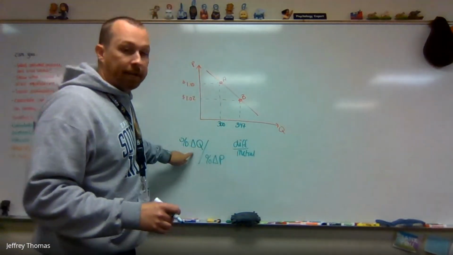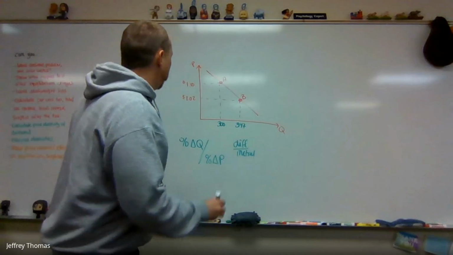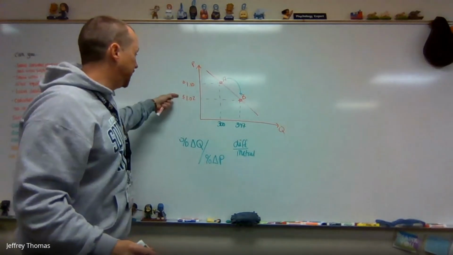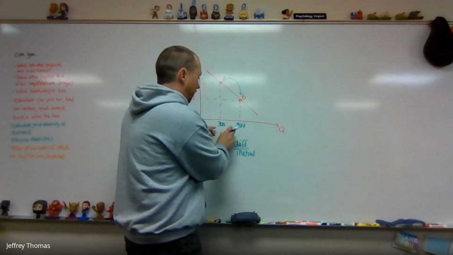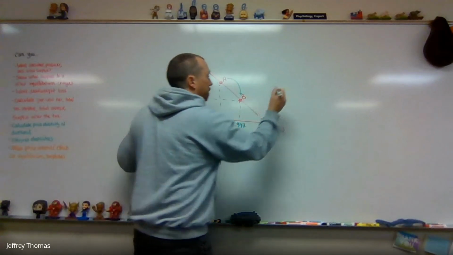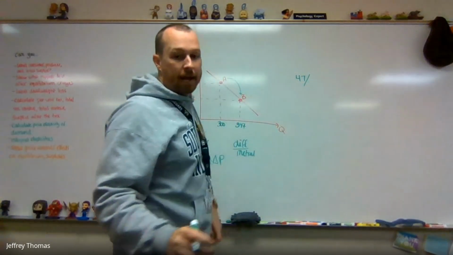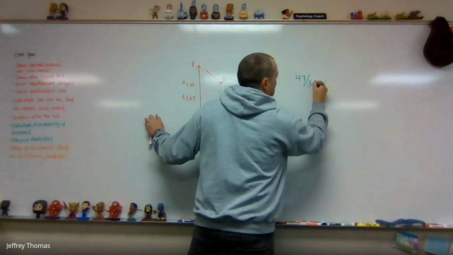We'll start with our quantity because that's in our numerator. Okay, so we take the difference. Let's say we went from A to B. So that means the price went down, which means the quantity went up. So the difference is 47, because you could subtract if you need to, but it's pretty simple. My difference is 47 units divided by the original quantity, which was 300.